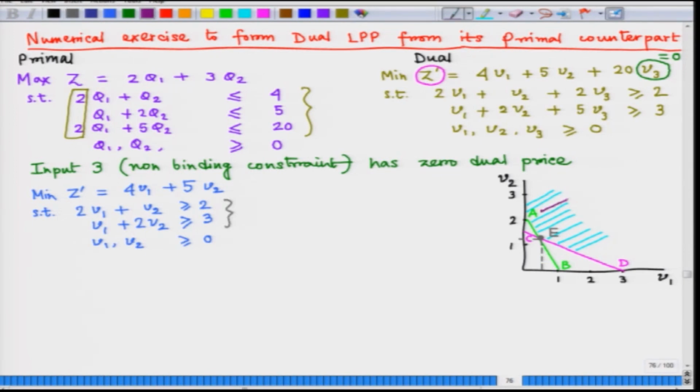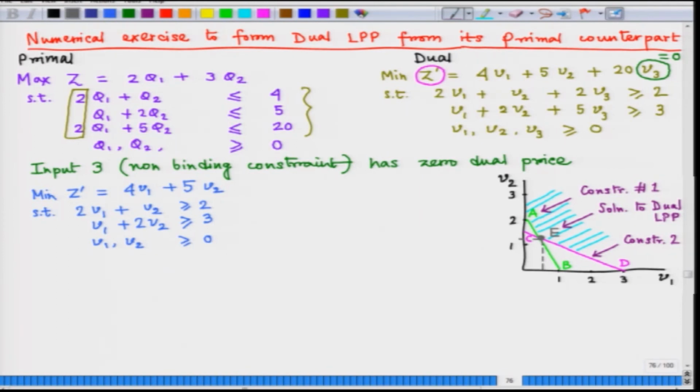Okay, fine. So, this is basically my constraint number 1 and this is my constraint number 2. Okay. And this point E is basically my solution to the dual linear programming problem.